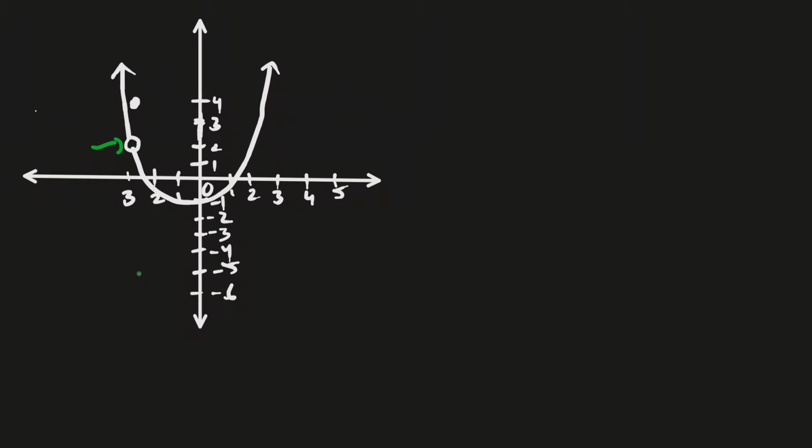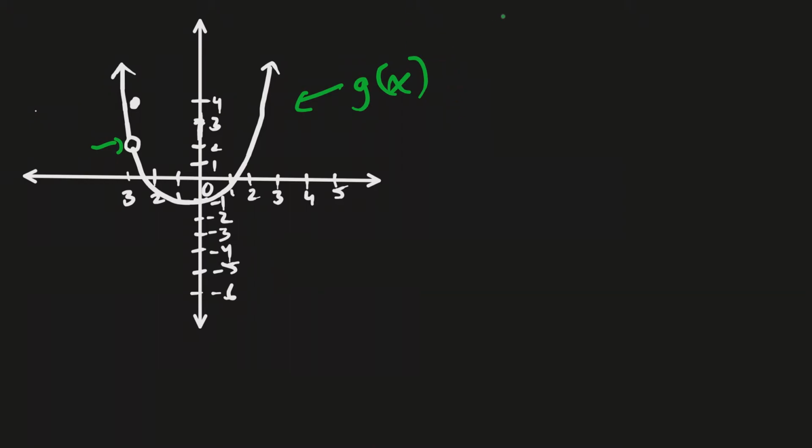So we have a discontinuous function. This is say g of x. g of x is discontinuous. And in a future video, I will be talking about the different kinds of discontinuities, and that will really help you understand what it means for a function to be discontinuous, and essentially identifying the types of discontinuities.